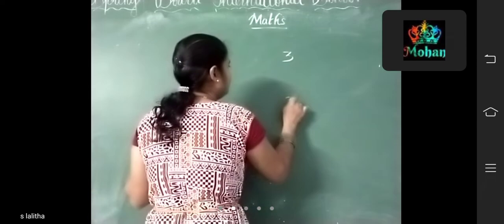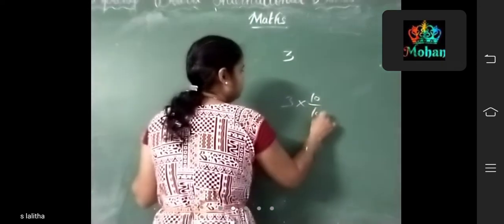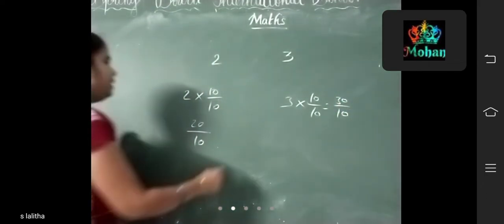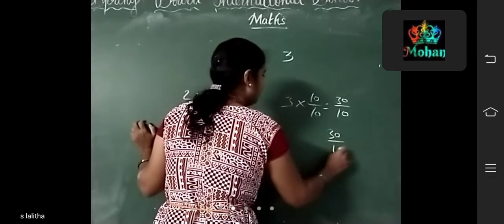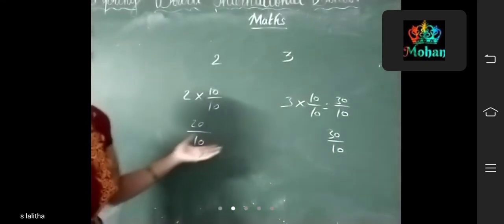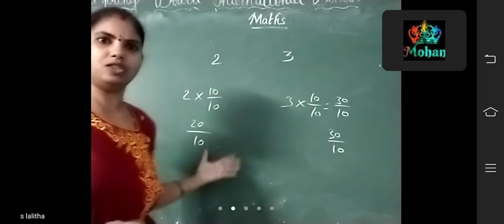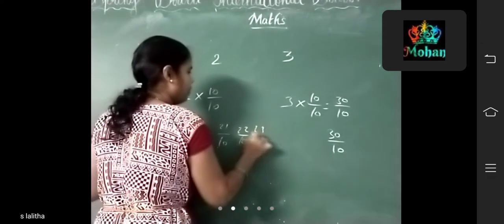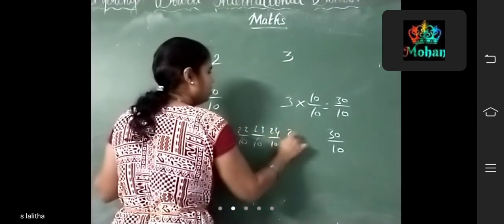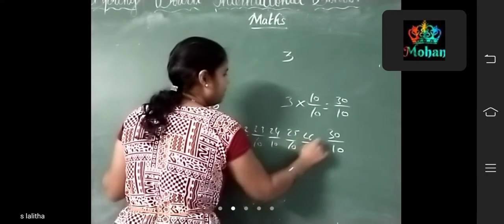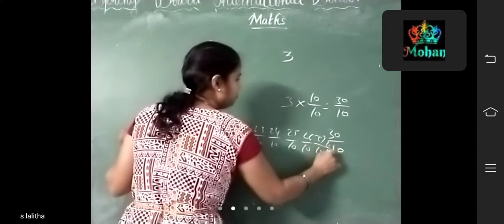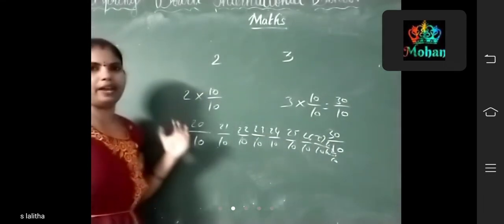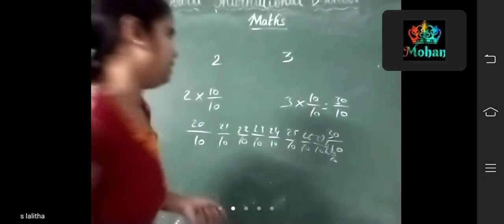This one also, 3 multiplied with 10 by 10, 3 tens are 30 by 10. Now 20 by 10, 30 by 10. There are so many rational numbers in between these two numbers. What are those? 21 by 10, 22 by 10, 23 by 10, 24 by 10, 25 by 10, 26 by 10, 27 by 10, 28 by 10, 29 by 10. Like this you have to find. So two methods are there.